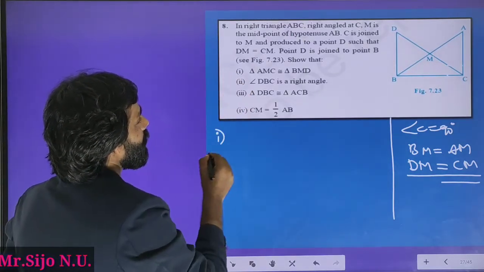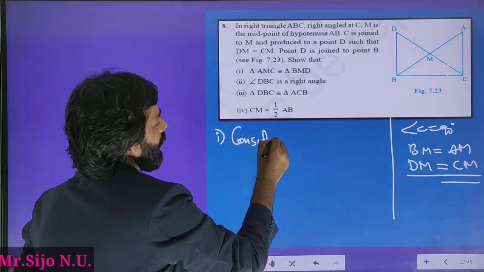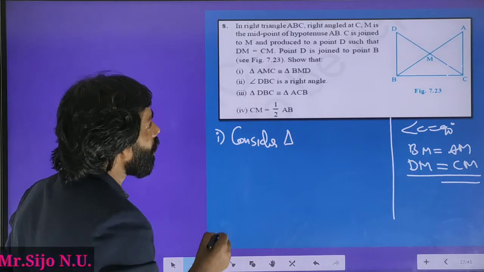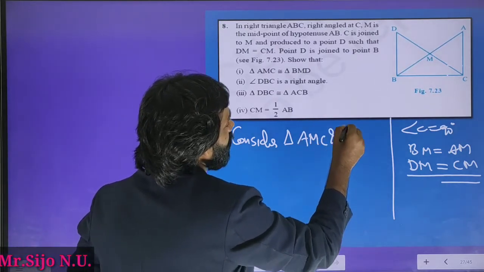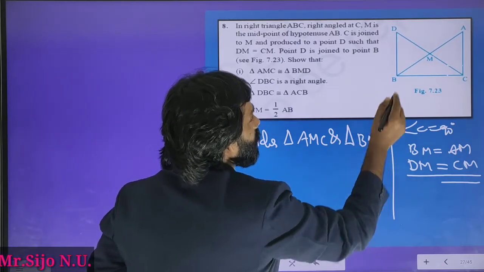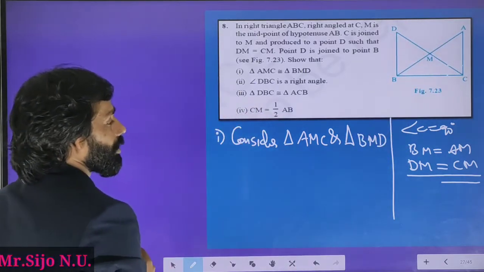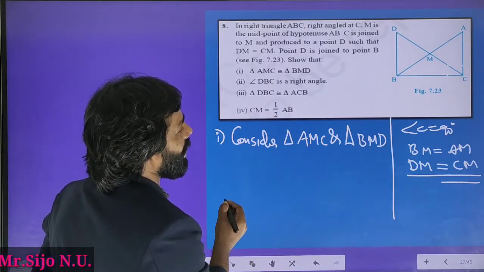What can we write? As usual, we need to consider triangle AMC and triangle BMD. Look at this picture, these two triangles. We can write very fast the things they have given.